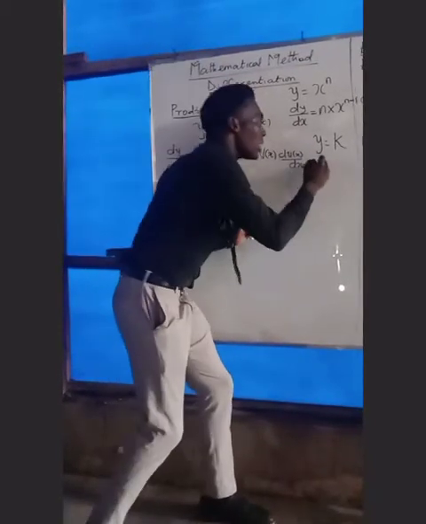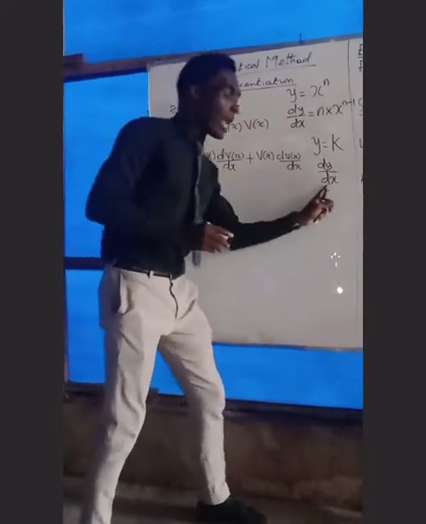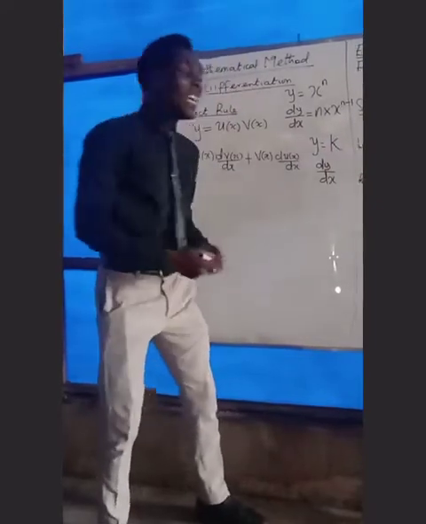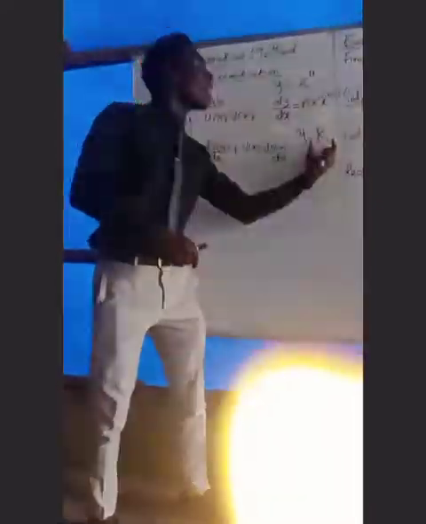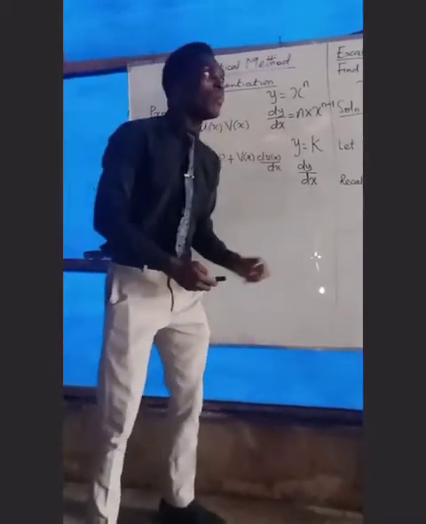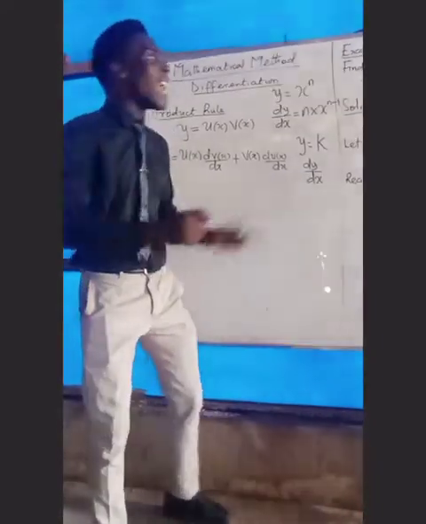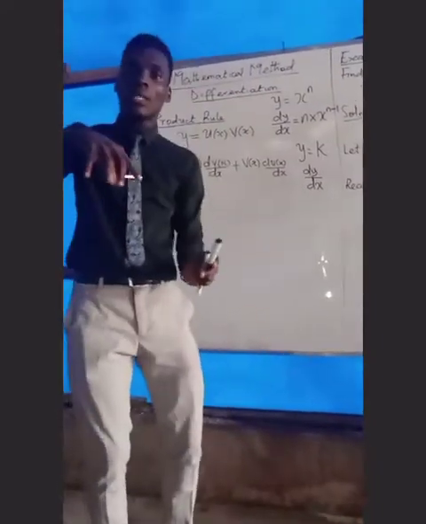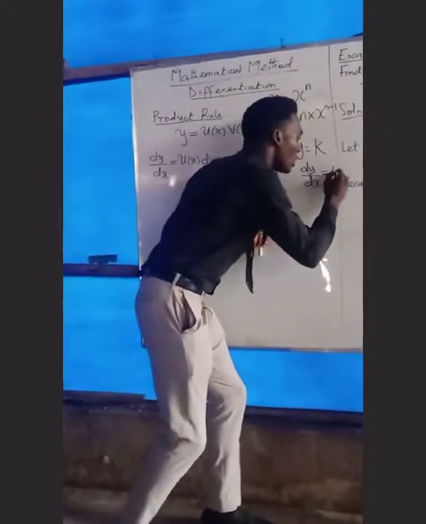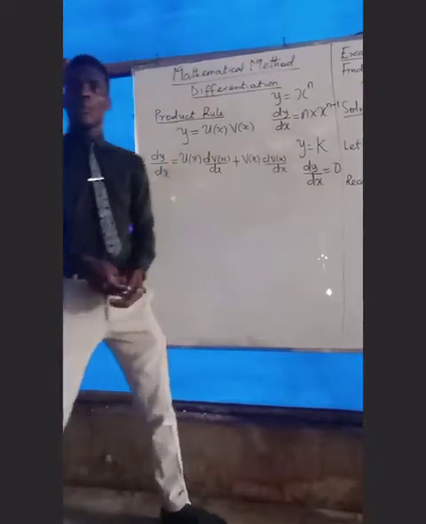So if you are differentiating y with respect to x, and we are not seeing x on the right hand side, it simply means that what you are seeing is a constant, because it does not contain the variable x. And how do you differentiate a constant? Let's take note: anytime we differentiate a constant, the derivative will give us what? 0.